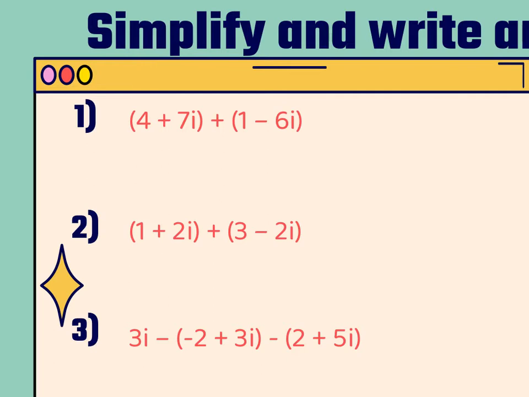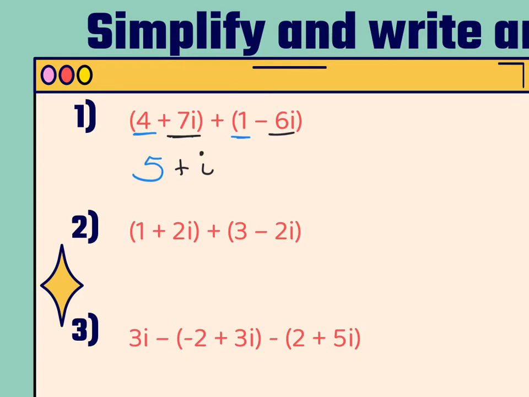So I'm going to add the two real pieces, 4 plus 1. These are like terms. And then I'm going to add the two imaginary, 7 plus -6, and I get 1i, or just i. And you're done. So again, you're treating the i like a variable, and really all we're doing here is combining like terms.